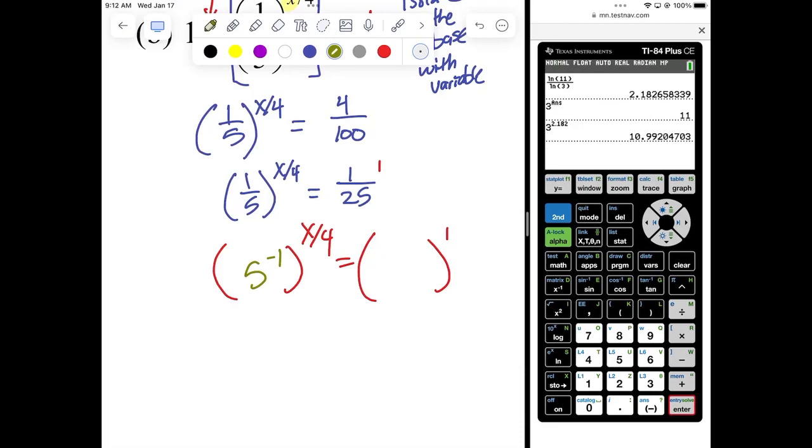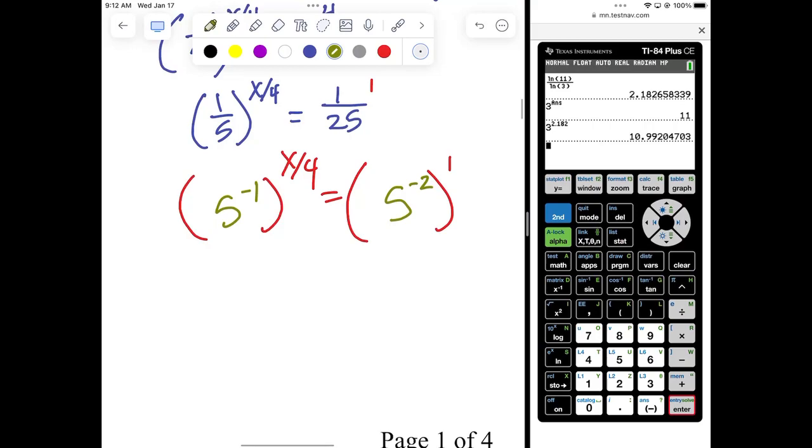And 1/25 is the same as 5 to what power? Negative second power. Very good. And now I'll multiply, so I get 5 to the negative x divided by 4 equals 5 to the negative 2. Did I get the bases the same?